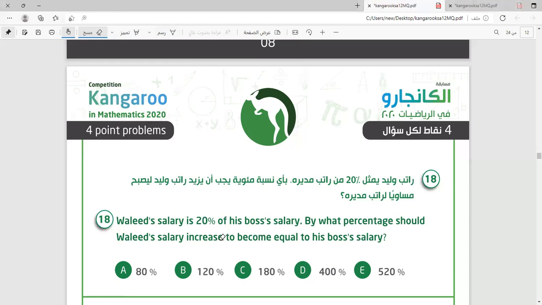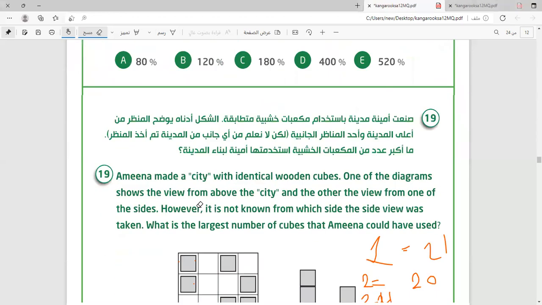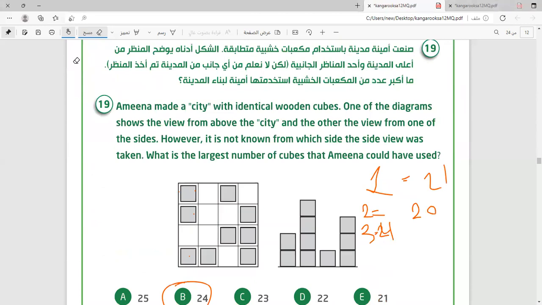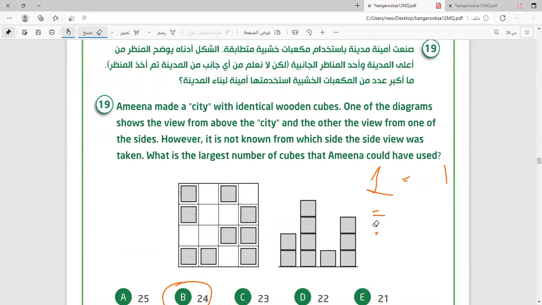So let's get now to the next question, which is 19. Here, Amina made a city with identical wood cubes. One of the diagrams shows the view from above the city and the other from the sides.